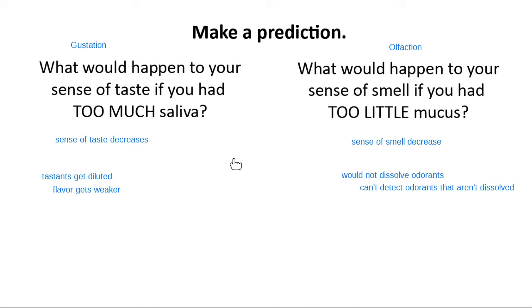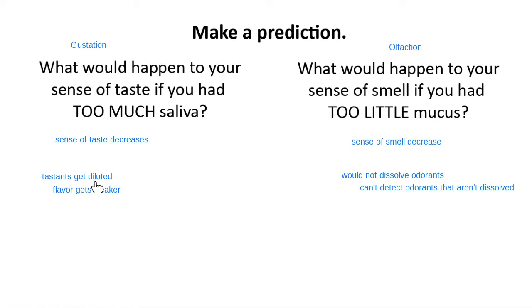Here's the big idea with chemical senses. We've got problems on either end. If you've got too much liquid or too little liquid, it doesn't matter. Too much or too little, same problem. I still can't do my sense right. If we put too much of that liquid, we're diluting our chemicals too much.